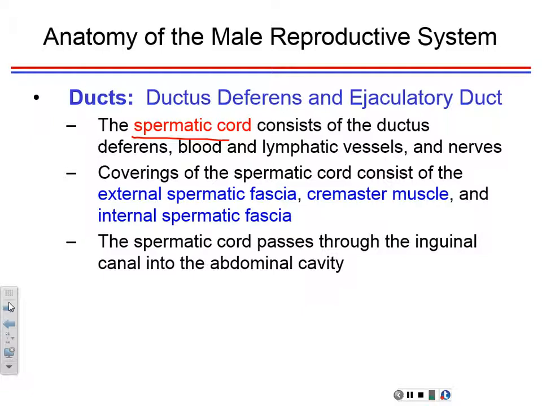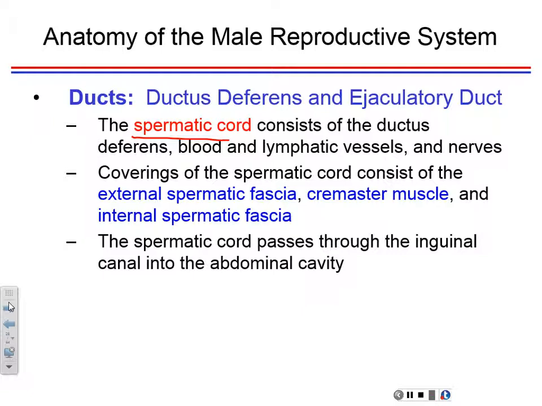So in the spermatic cord you get the blood vessels, arteries and veins, going down and up along the ductus deferens. Surrounding it is the cremaster muscle, the one we talked about, that raises the testes up and down, and then the connective tissue on the outside, which is fascia, external and internal, flanking the cremaster muscle.